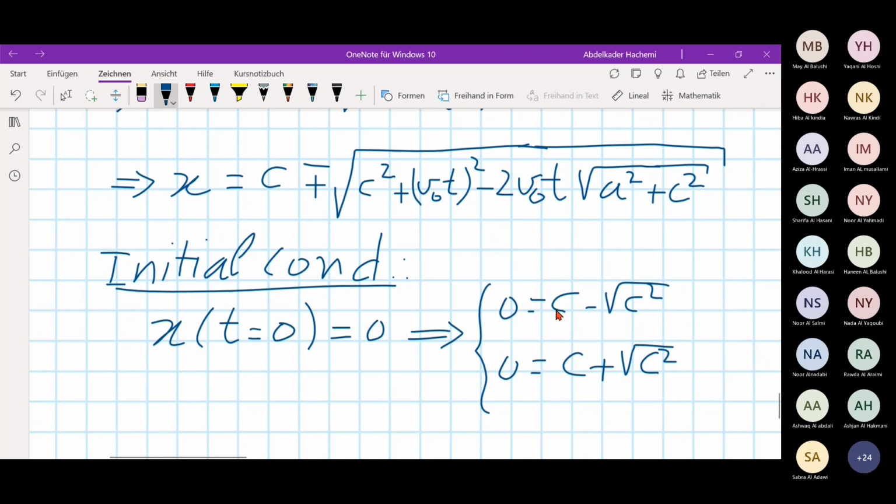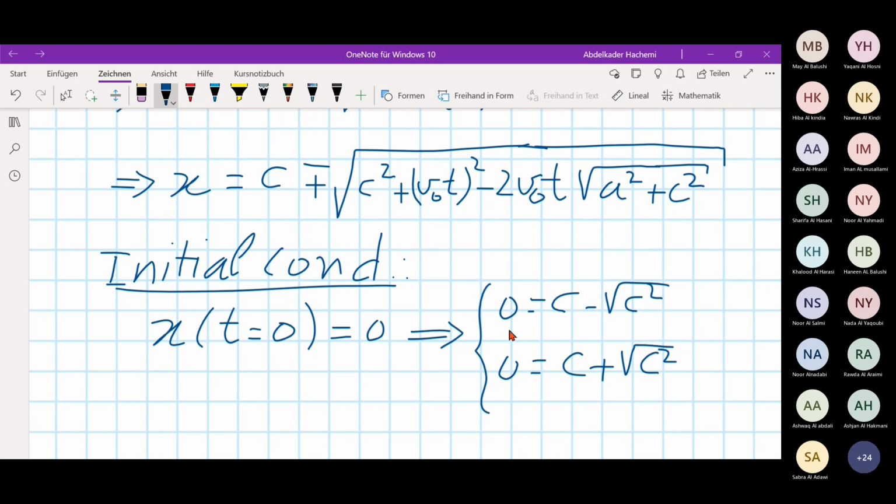As you can see, C minus the square root of C squared is 0, so 0 is equal to 0. But in the other, 0 is equal to 2 times C, which is not logical, so we neglect it.